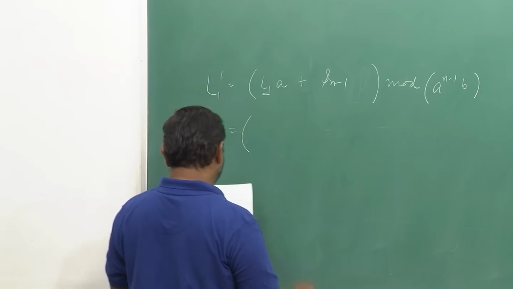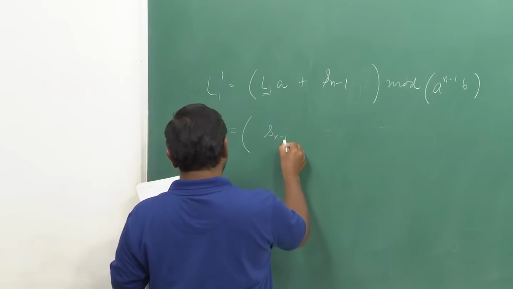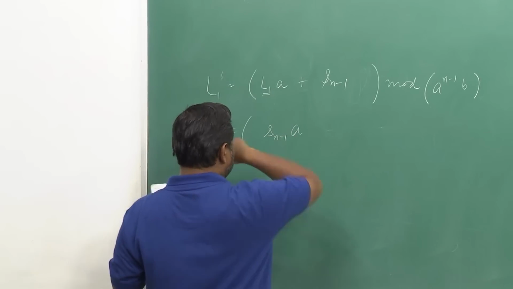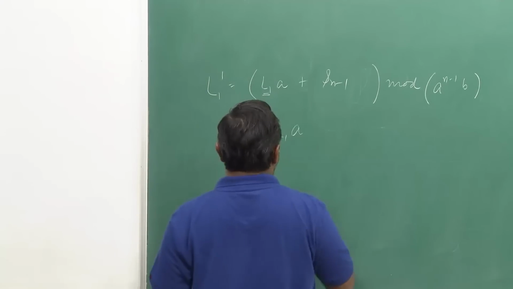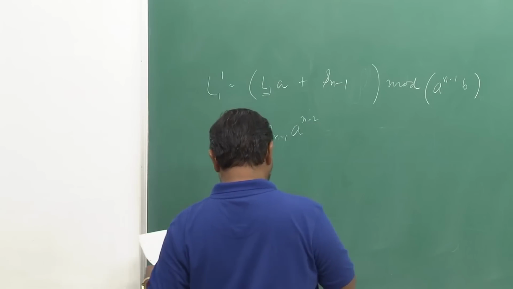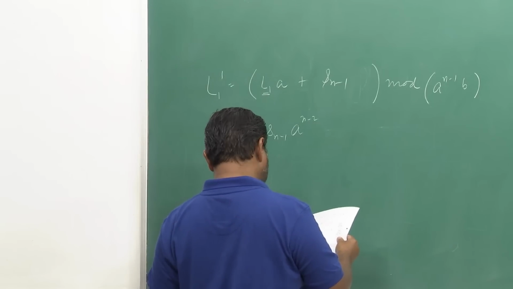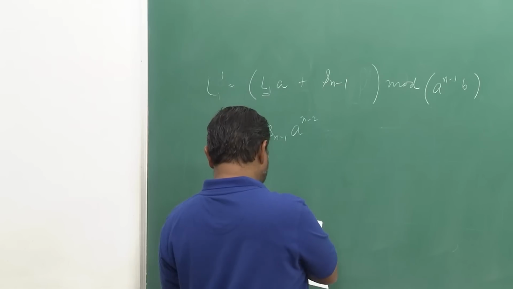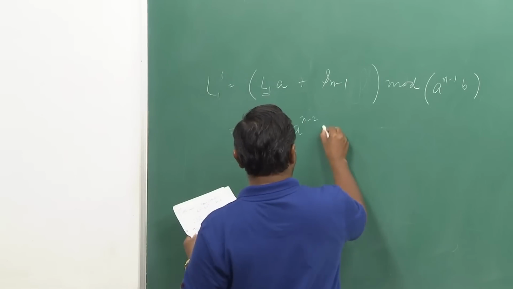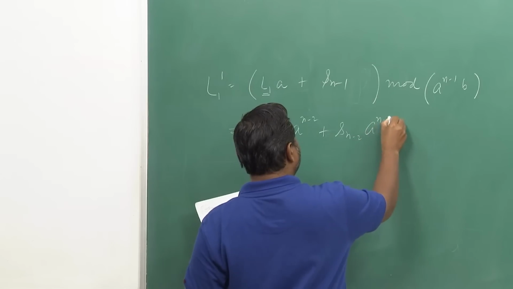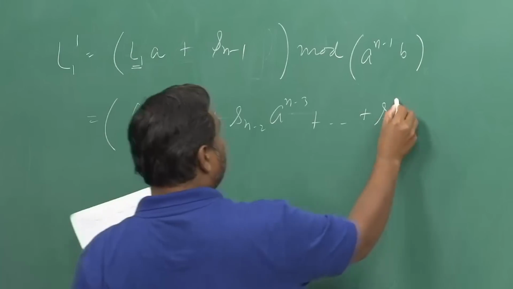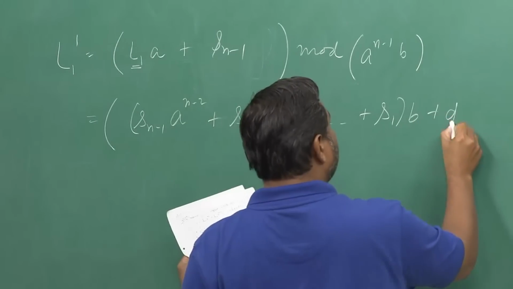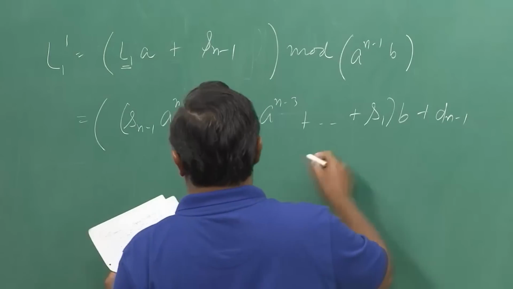So, L1 will be Sn minus 1 into a raised power n minus 2, that is what was the L1. Okay. So, that is L1. Okay.